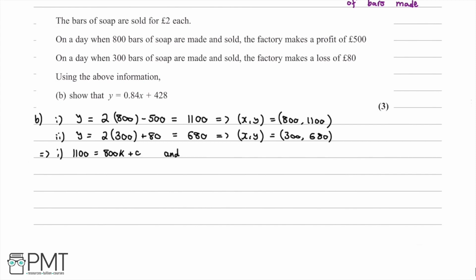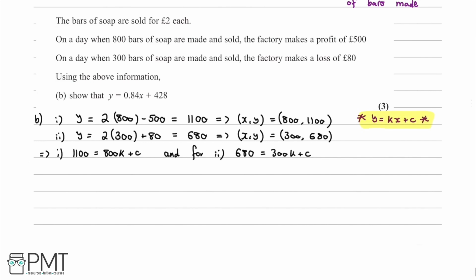And for ii, our second piece of information, we're going to have that 680 is equal to 300k plus c. So all we've done is substitute x and y into our equation from part A. And we'll just write this on the side here just so we remember what it was. It was y is equal to kx plus c. And that, recall, was from part A of the question.